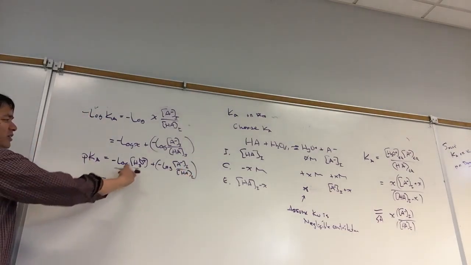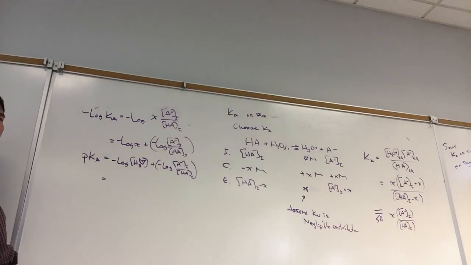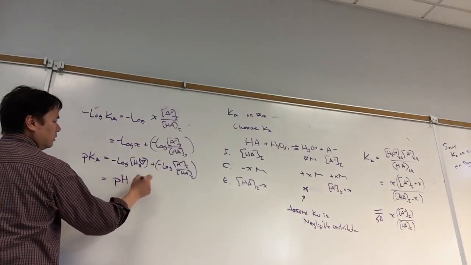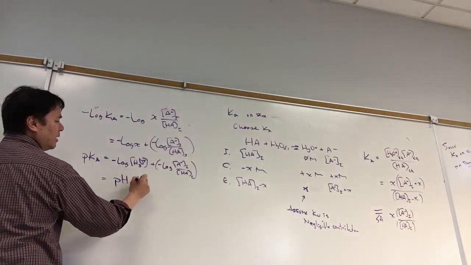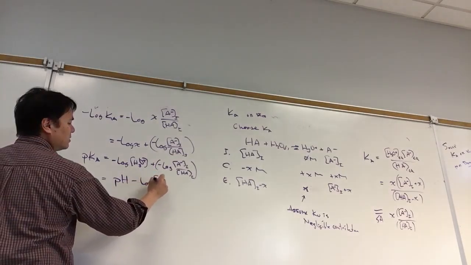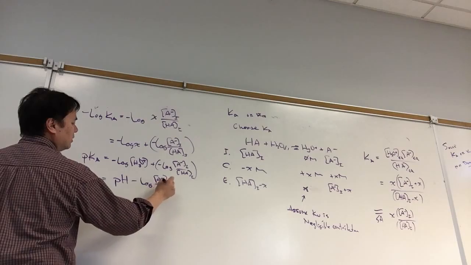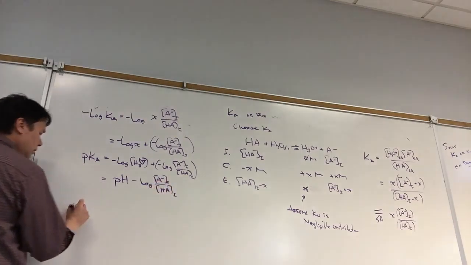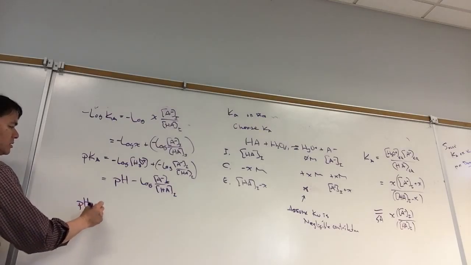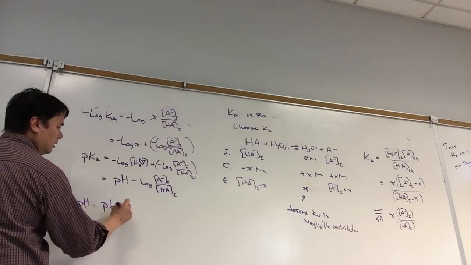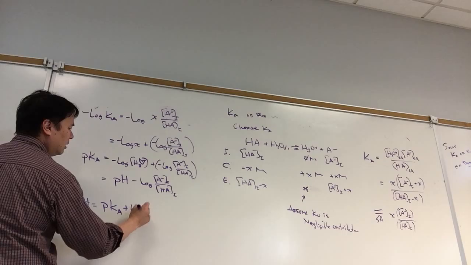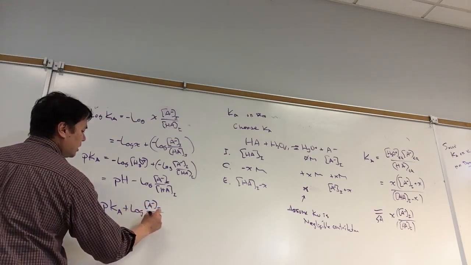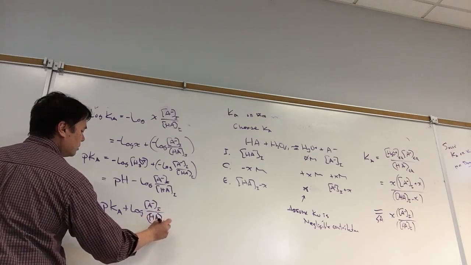All right, what is the negative log of the hydronium ion concentration at equilibrium? The pH. And then this is going to be minus the log of A minus initial over HA initial. And therefore we get this equation. The pH is equal to the pKa plus the log of the A minus initial over the HA initial.